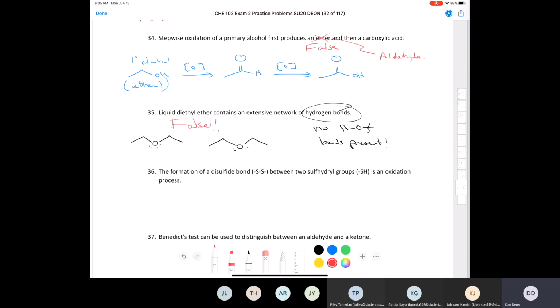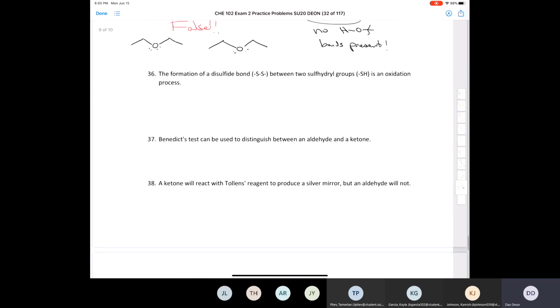That cannot happen. Number 36, it says the formation of the disulfide bond between two sulfhydryl groups is an oxidation process. So if I take 2 sulfhydryl groups and I react them and I form a disulfide, is this oxidation or reduction? Or can somebody just tell me if this is true or false?